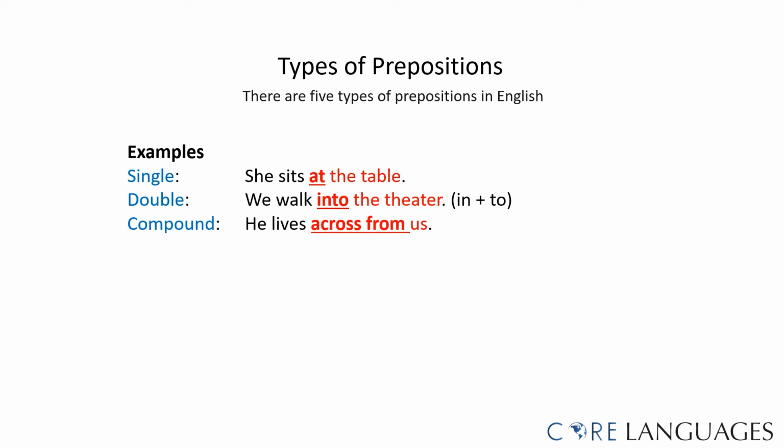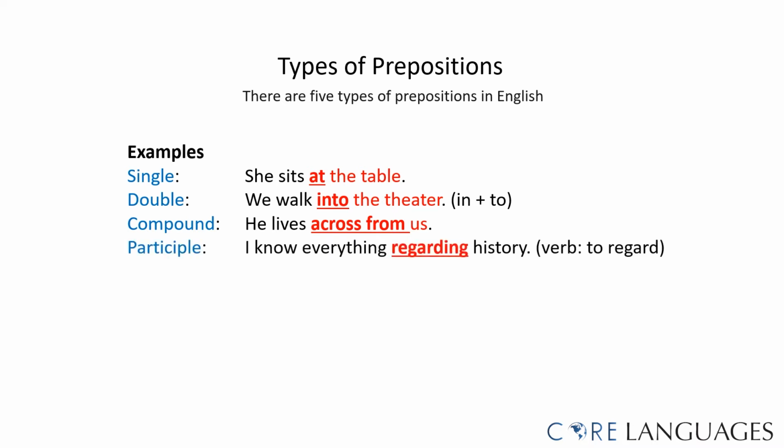There are compound prepositions. For example, he lives across from us. This prepositional phrase includes 2 prepositions, across and from. There are also participle prepositions.